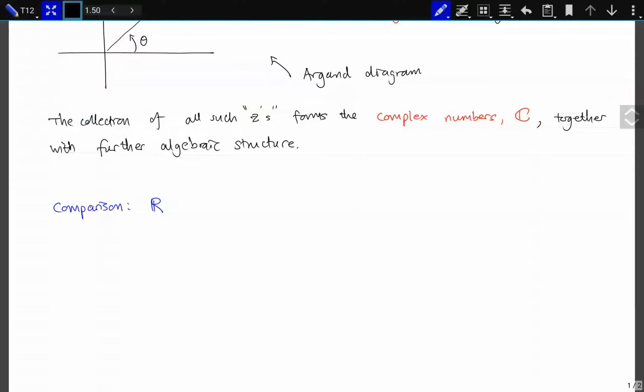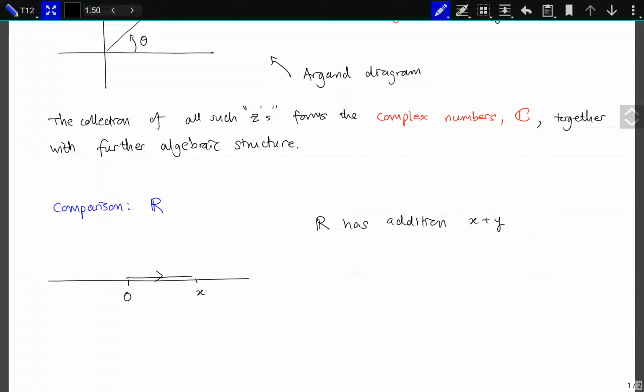If you think of a real number, there's a straight line, there's maybe 0, and you have some real number x. It's got some size. There's the size of x. It could be positive or negative. So R has addition. Let's say x plus y.